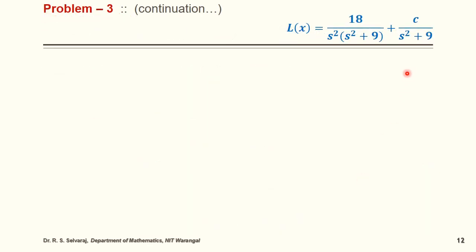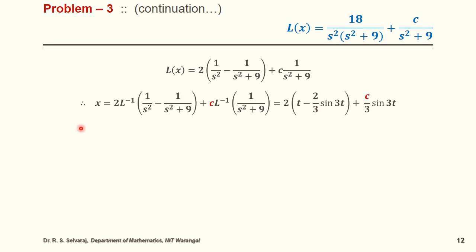So this is the expression we got, and we'll split the first term into 2 terms like this, and we will apply inverse Laplace transform both the sides. We will get an expression involving c. So now the solution for x involves c. X is equal to 2t plus c minus 2 divided by 3 into sin 3t.